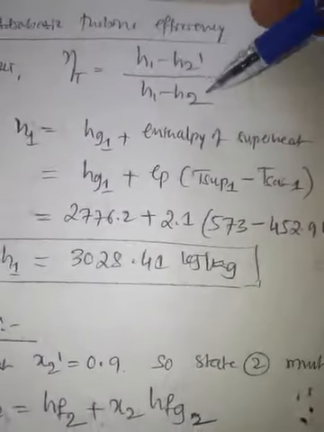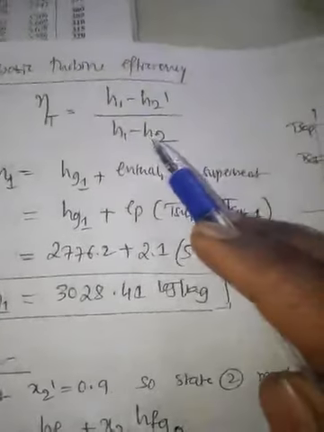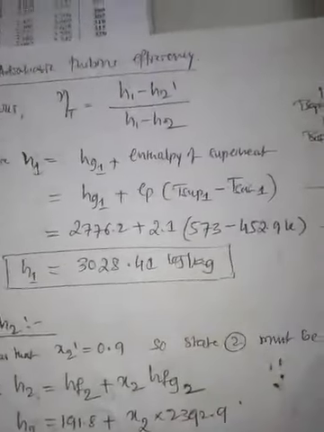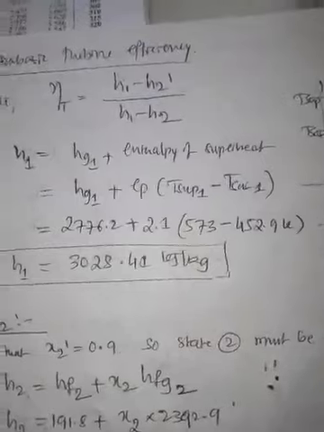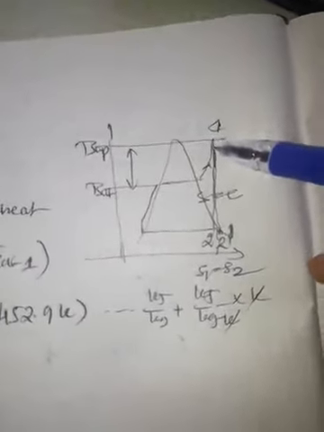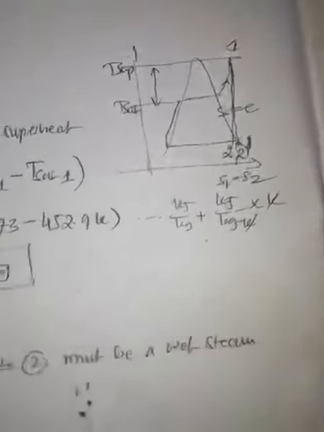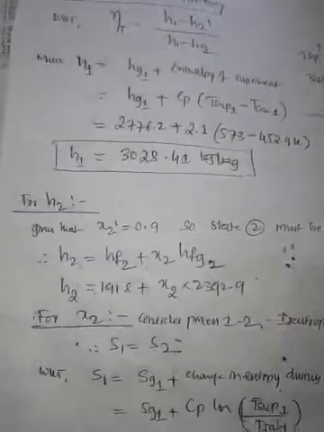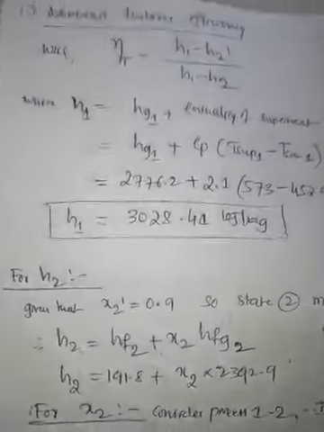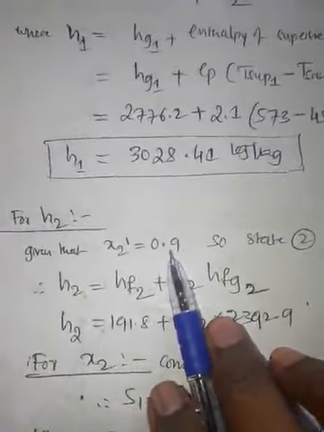Now we are supposed to calculate H2 and H2 dash. So let us think about H2 now, that is enthalpy at state 2. For the isentropic process, represented on the TS diagram as 1 to 2, S1 is equal to S2. Now for point 2 dash, he has given x2 dash as 0.9.